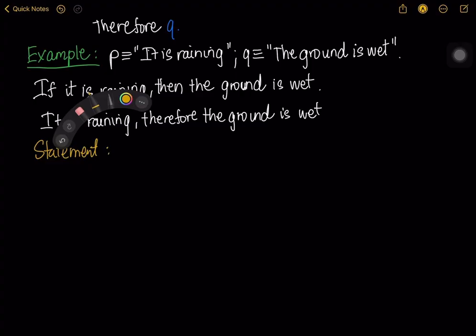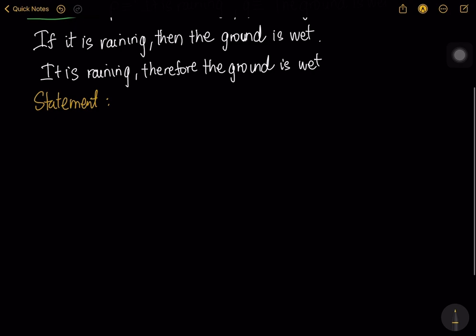So you can say something is a statement if you can determine if it's true or false. Like for some examples, let's say P1 equals 2 times 2 is 4.